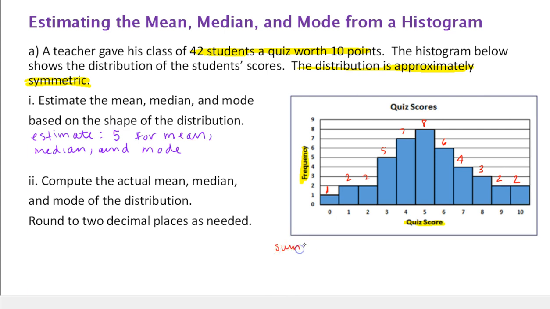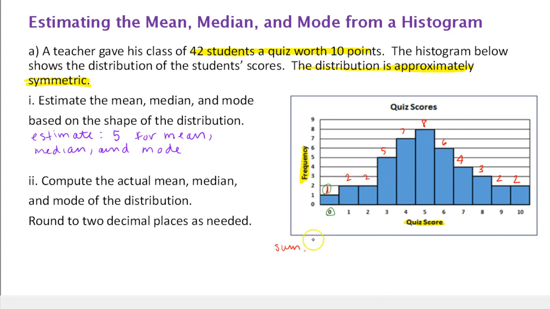Now to find the sum of all of the data values, we can multiply the quiz score times the frequency for each of these values and sum the results. Instead of writing out all the products, I'm going to multiply and write the product for each quiz score, and then we'll sum them.